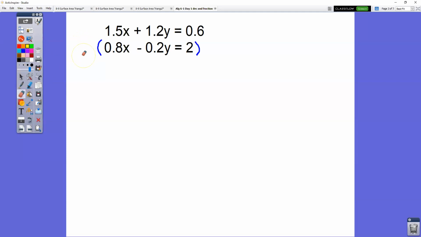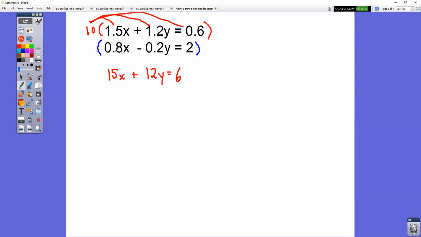What I would actually do here is get rid of all of my decimals. I have one decimal place across the top, so I'm going to distribute, distribute, and distribute with my 10. So this top equation is going to turn into 15x plus 12y equals 6.